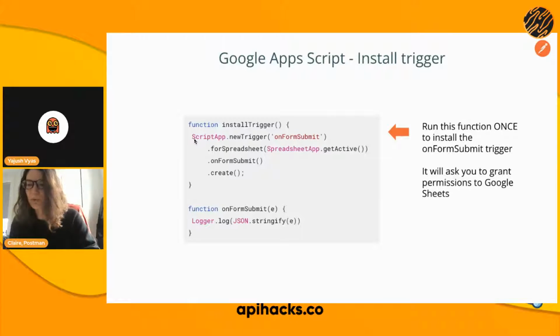Anything you see with these capital letters is a Google Apps Script class. These are special built-in classes that Google provides in order to access their API. ScriptApp is one of the core classes that allows us to modify core functionalities of our app script. And we'll use the newTrigger method to add an onFormSubmit trigger.